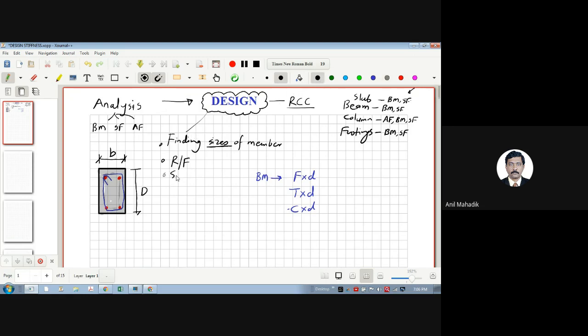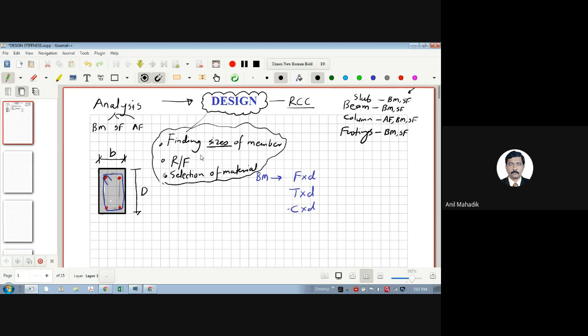So selection of material for the member. So these are the criteria in the design, by definition. We can say this is the design definition.